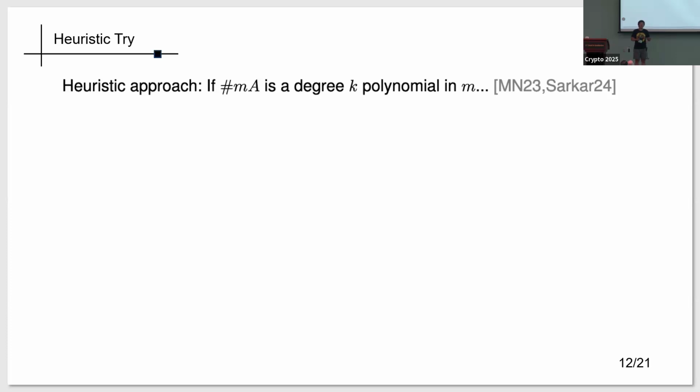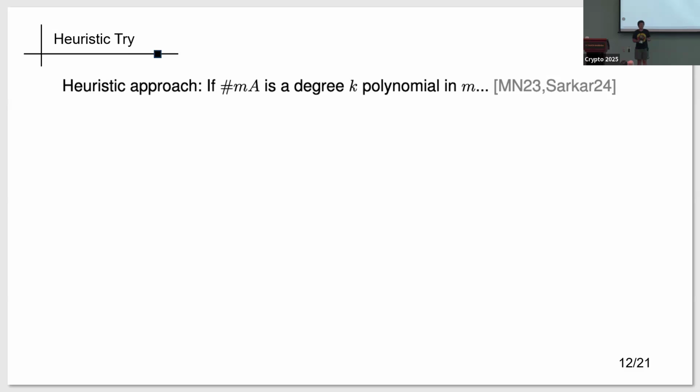But people in the crypto community want to know how to compute it. There are some heuristic approaches from previous work, like Asiacrypt 23 and Indocrypt 24, and also Eurocrypt 25. Kinjin also has a heuristic approach, but it is slightly different from these two, so we will omit it here.